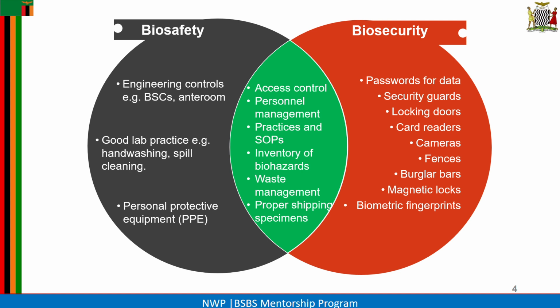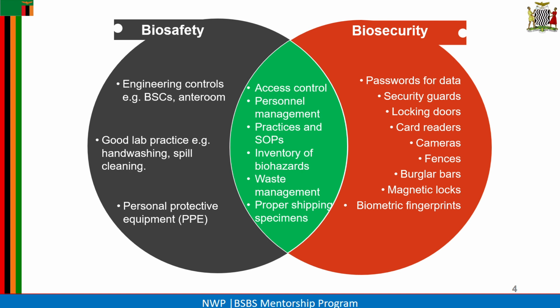For example, if you're using a biosafety cabinet, it is a biosafety measure that mostly we use in our laboratories to prevent exposure to the biological agents that we are handling. Then also, if you have an anteroom, that is also a biosafety facility measure.